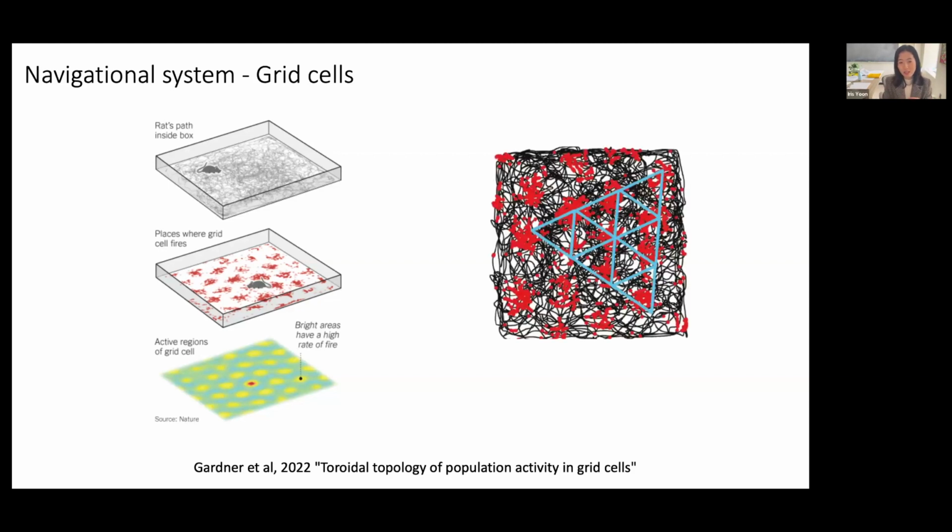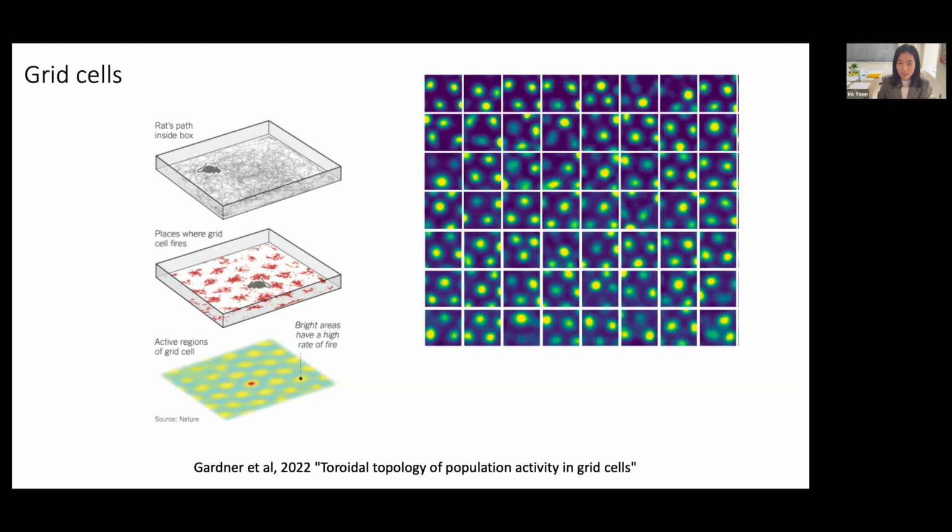And the locations that cause these grid cells to fire are organized in a very rigid way. In fact, the locations that cause a single neuron to fire are organized in these kinds of hexagonal patterns. So these specific navigational system neurons are called grid cells.